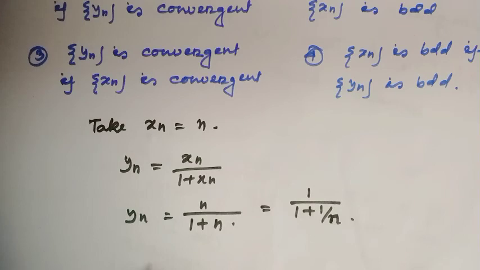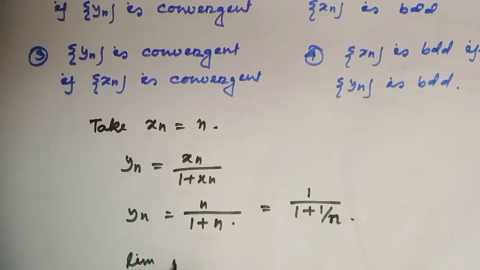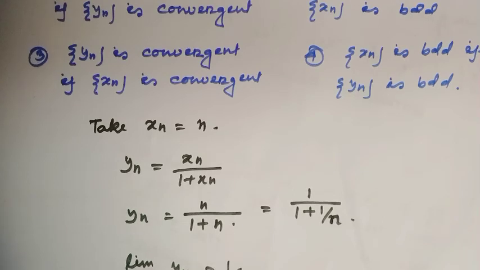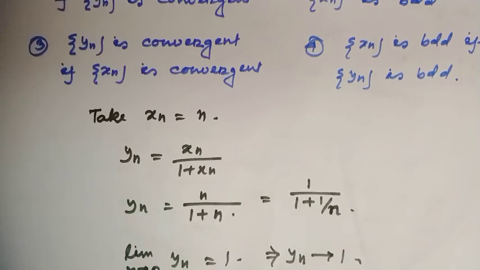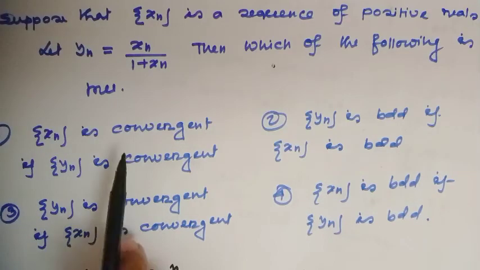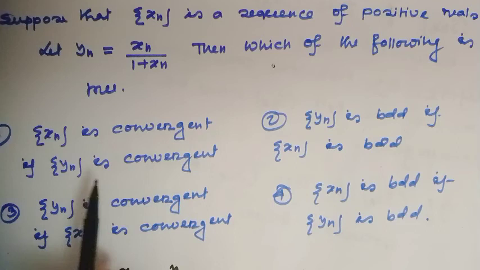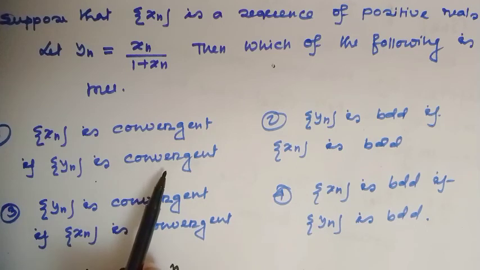And limit as n tends to infinity, yn equals 1. That means yn converges to 1. But look at option 1: xn convergent if yn convergent.